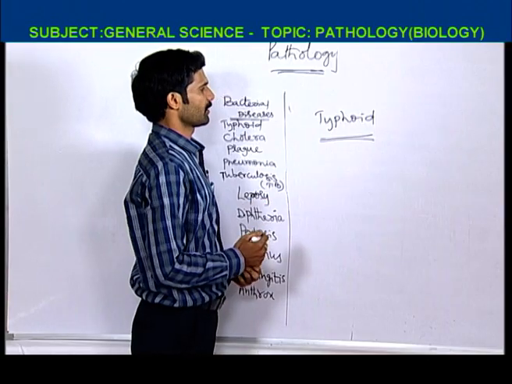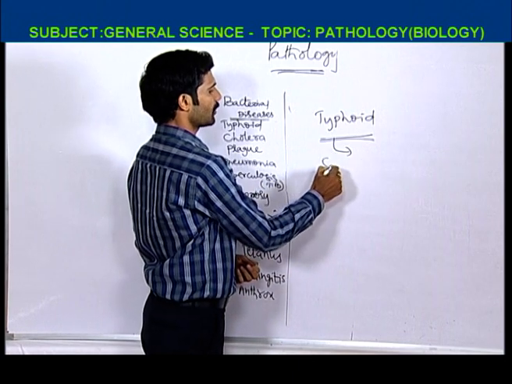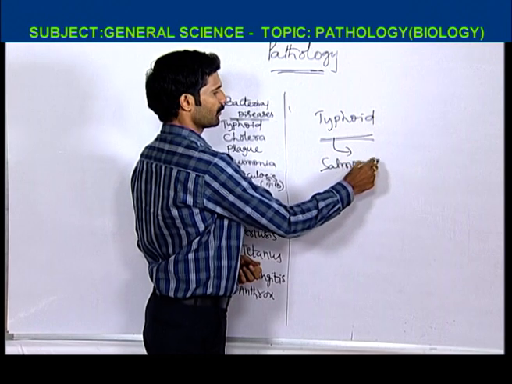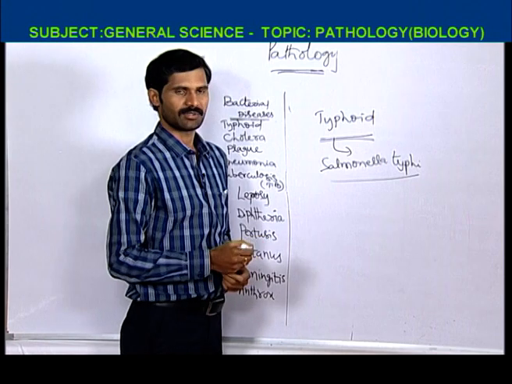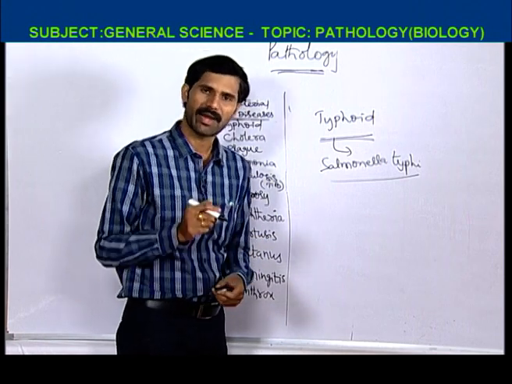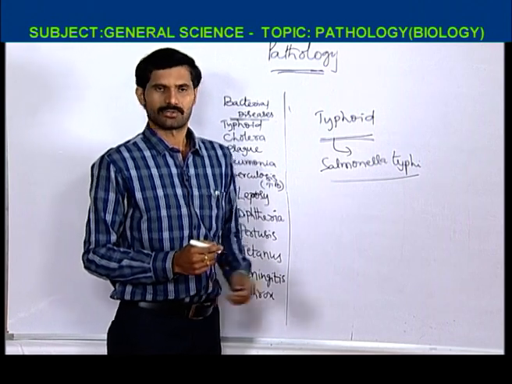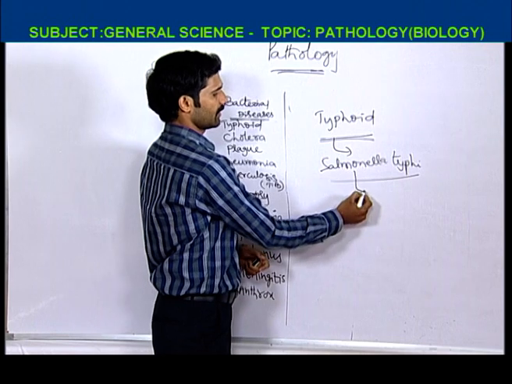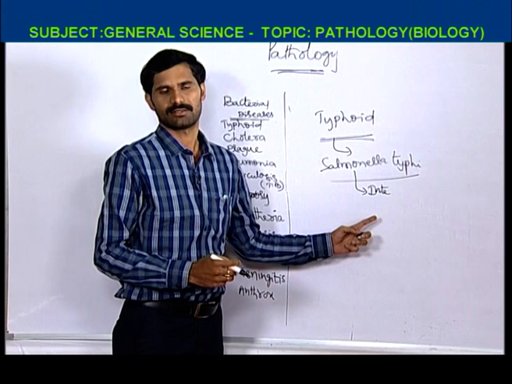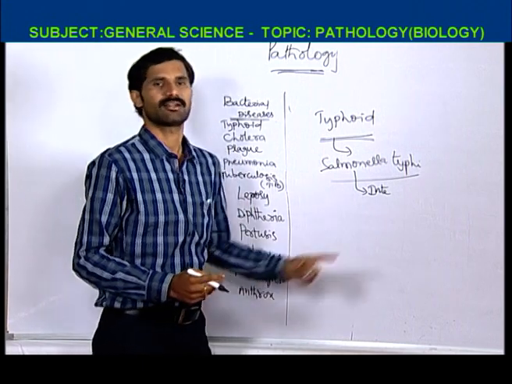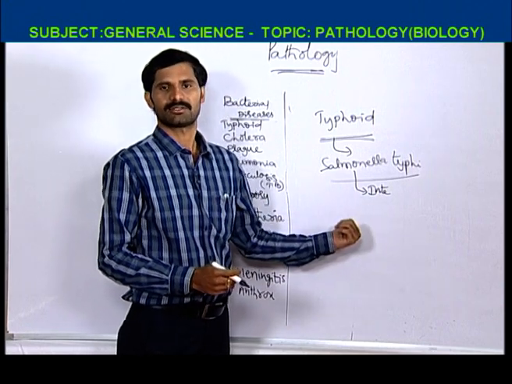Bacterial disease typhoid is caused by Salmonella typhi bacterium or Salmonella paratyphi bacterium. It is an intestinal bacterium, present in the small intestine of man and migrating to other parts of the body through blood circulation.